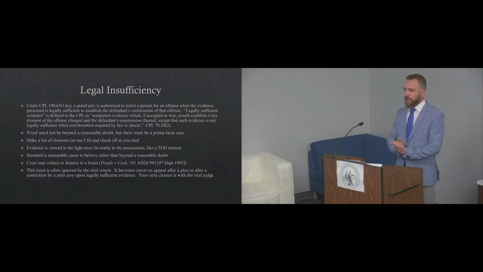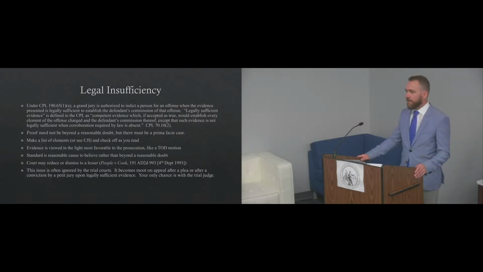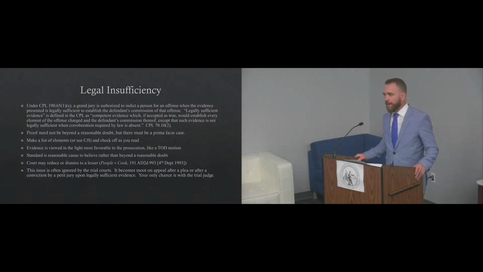Along with your written materials, Judge Franzik wrote an article. There's some case law in there about certain things that are sufficient, certain things that aren't. I can say in the last couple of years since I've been here, a few examples of things that have been insufficient are the value of damaged property in a criminal mischief case, and the dwelling example where a burglary is established, but it's not established that it's actually a dwelling.